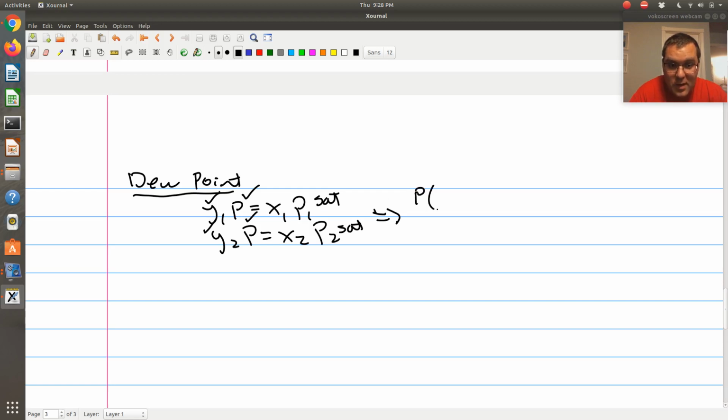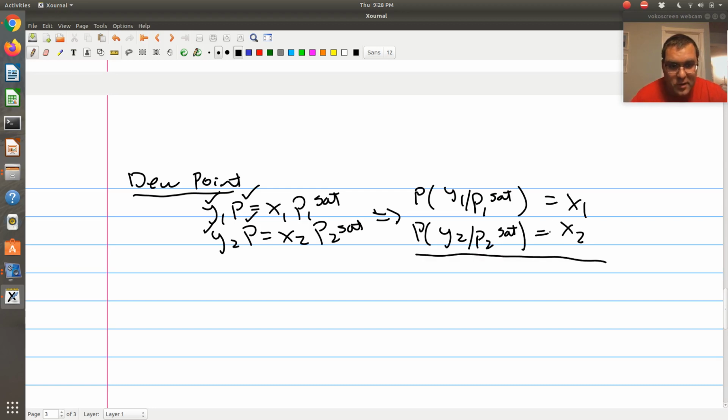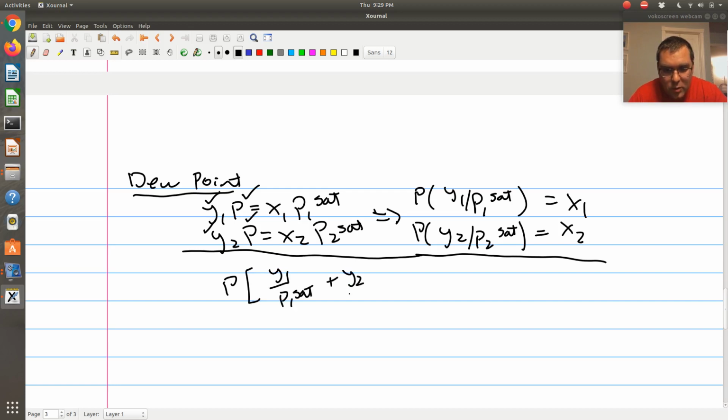So I write P times Y1 over P1 sat is equal to X1, and P times Y2 over P2 sat is equal to X2. I add them together, because X1 plus X2 is just equal to 1. Pressure is the same, so this becomes P times Y1 over P1 sat plus Y2 over P2 sat is equal to 1.